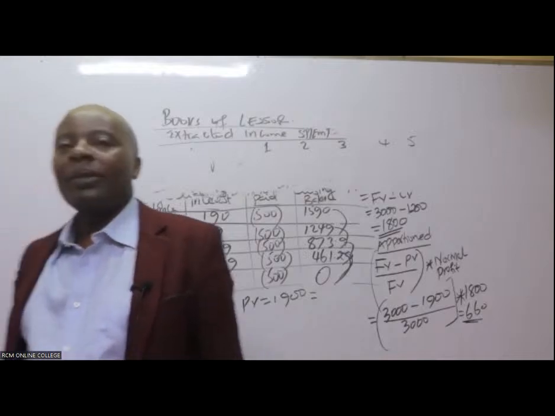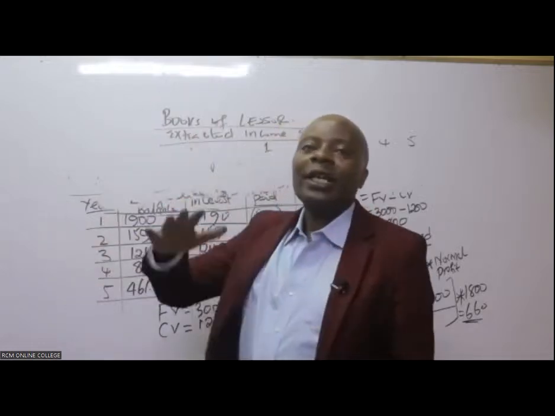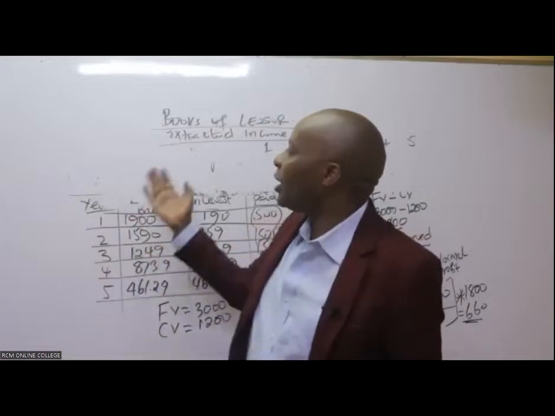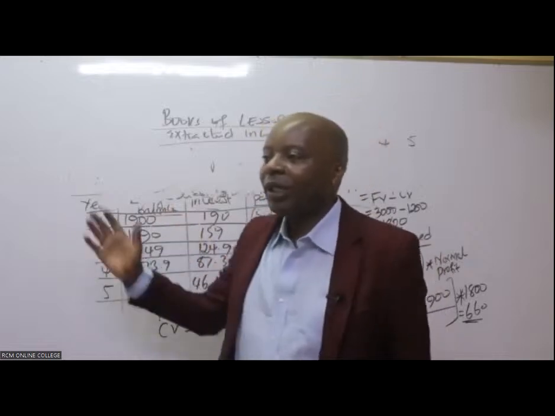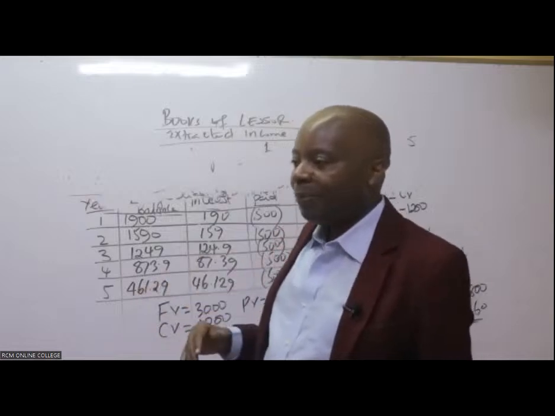Interest income. To the other guy, the lessee, it's interest expense. But this guy is the owner now. He is the one who has given out the lease item. So he's the one who has given out the finance.